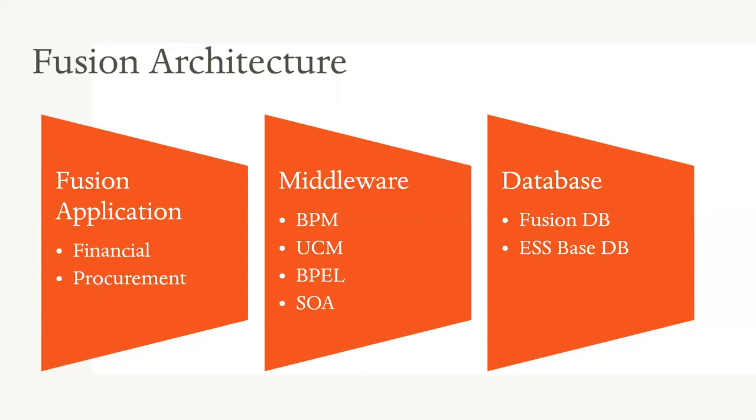But in the Fusion application, there will not be much role for the technical UCM consultant and BPM consultant. Yes, correct. BPM we will definitely have, because workflow and these things cannot be configured by a functional consultant. So the technical part will be there, but for data migration, other things are reduced.